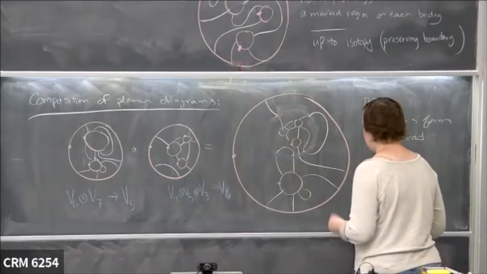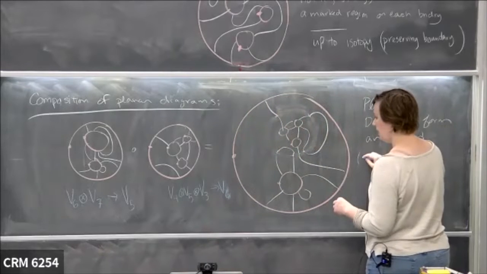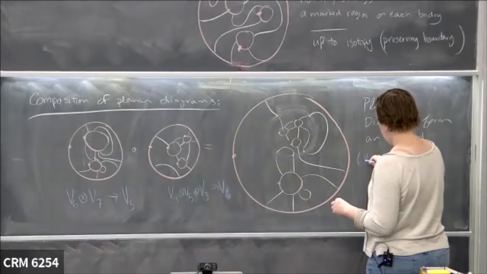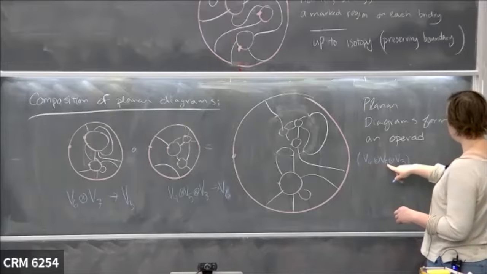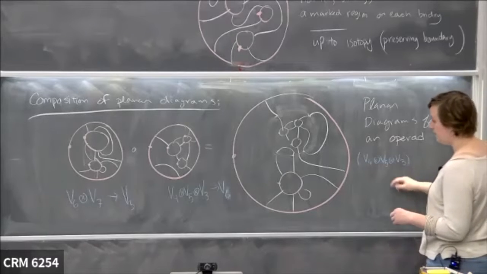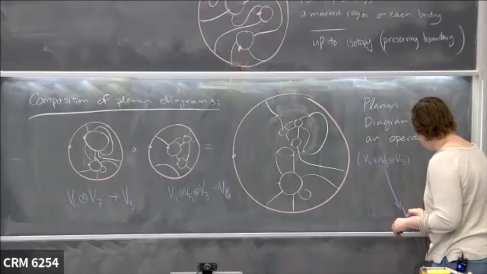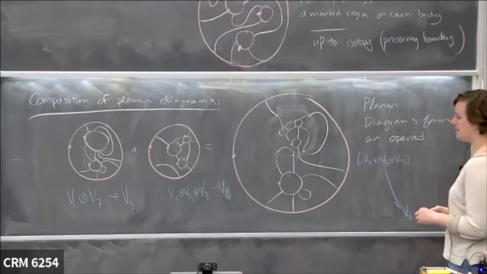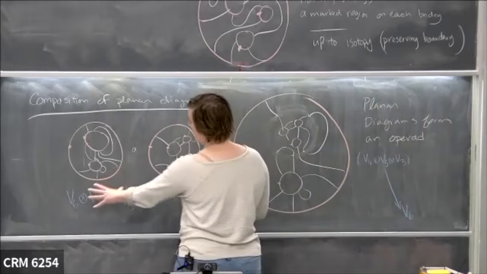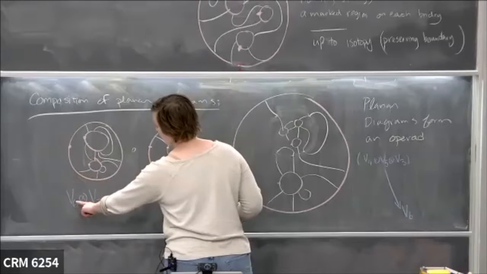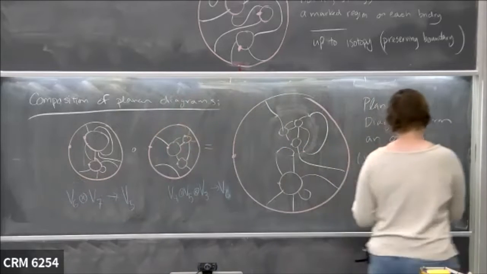That's much better, because what we want is that if we start with V4 tensor V5 tensor V3, and we go to V6 using this diagram, and then we use this diagram to go from that copy of V6 tensor V7.